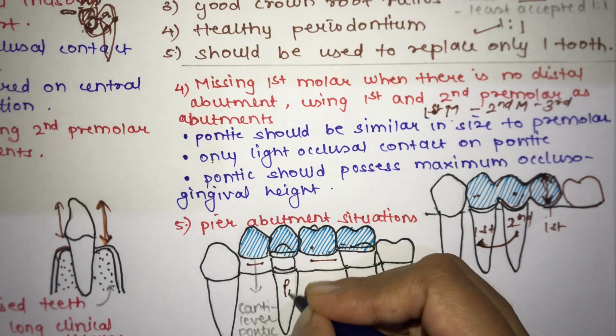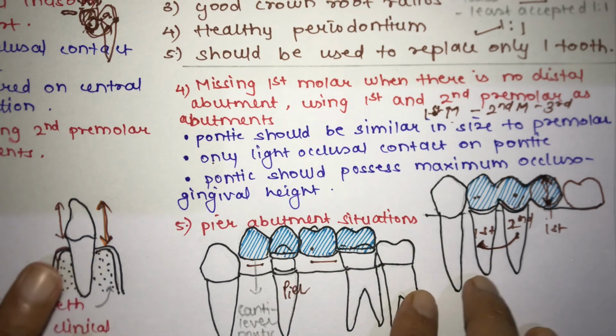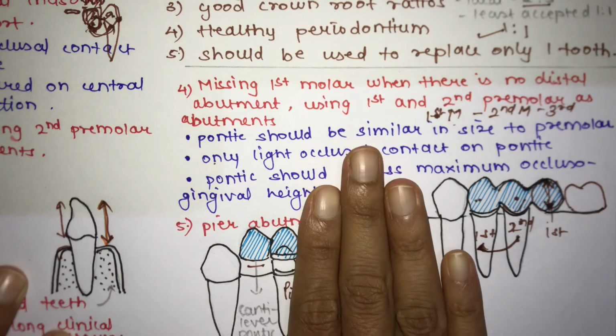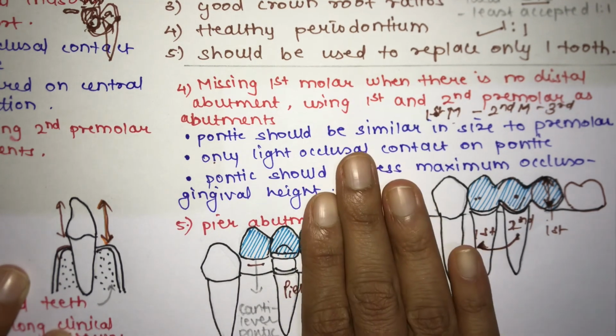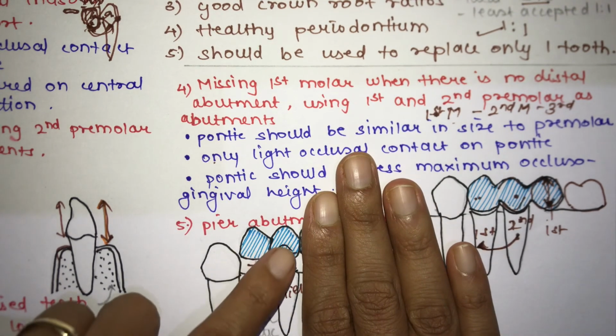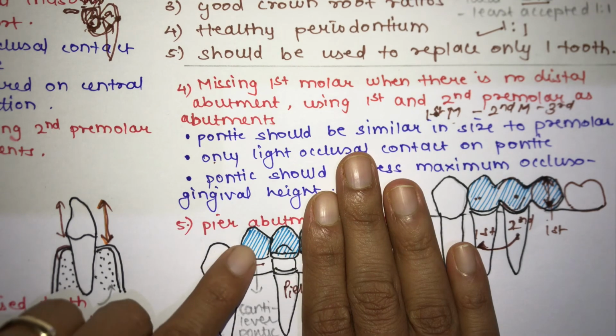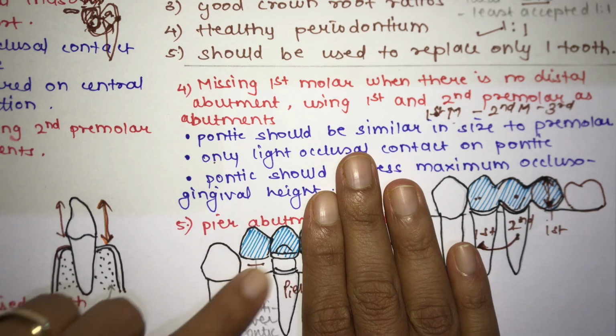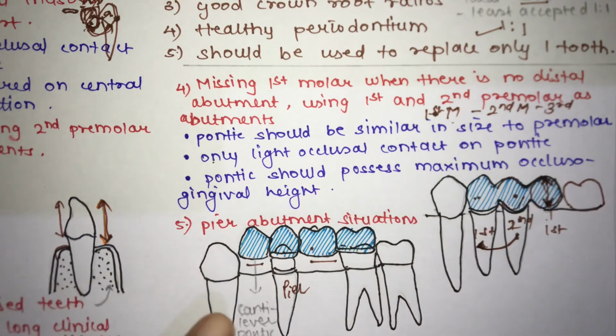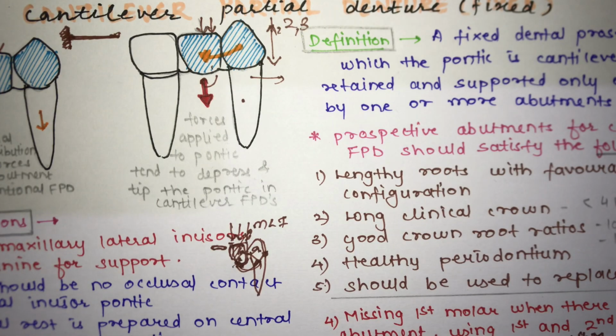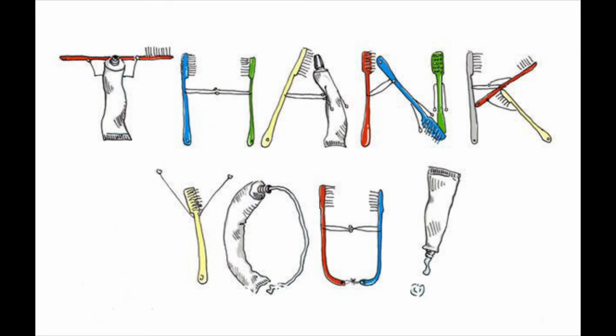So when you fabricate a denture, if you don't consider this part, you'll see that this pontic is supported only from one side and it is not getting supported from this side. So this becomes your cantilevered pontic. So this becomes the next indication of the cantilevered fixed partial denture, that is, it can be used in pier abutment situations. So this was all about the cantilever fixed partial dentures. Thank you so much.